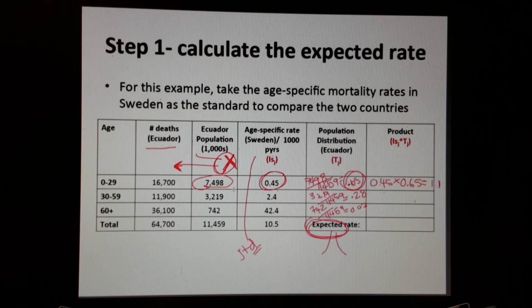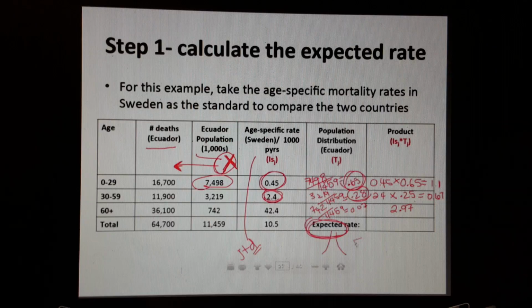Similarly for this one, we're taking your specific rate for 30 to 59-year-olds from your standard, multiplying it by your population distribution for your study population, and then you're going to do that again for this one.